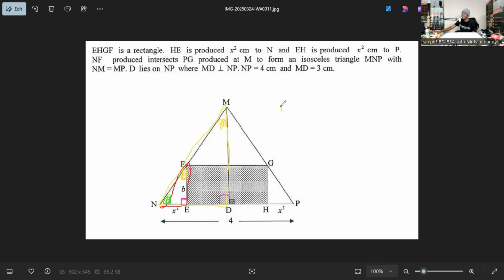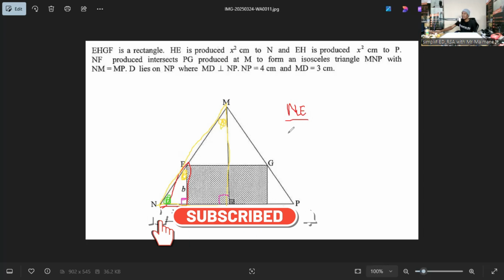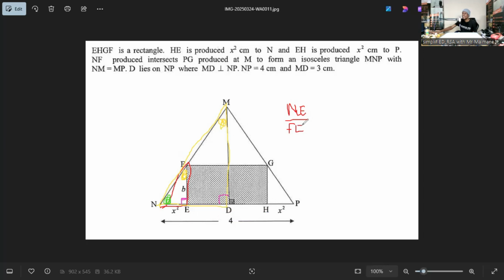Then I will say NE over FE is equal to ND over MD, because the two triangles are similar.